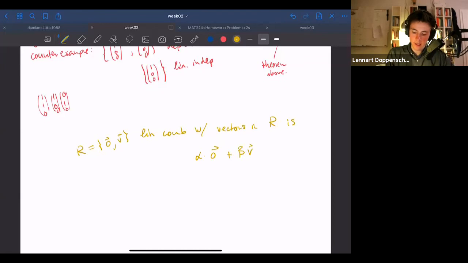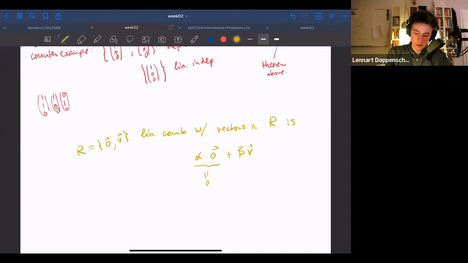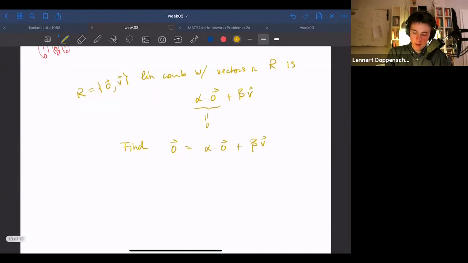Well, but now you see that, in any event, this term will always be 0, no matter what alpha is. So now if you try to find 0 equal to alpha times v1, which is the 0 vector, plus beta v, then this has a non-trivial solution.